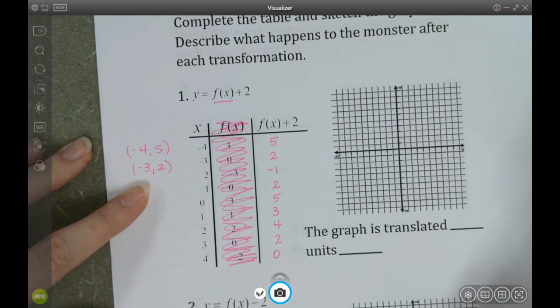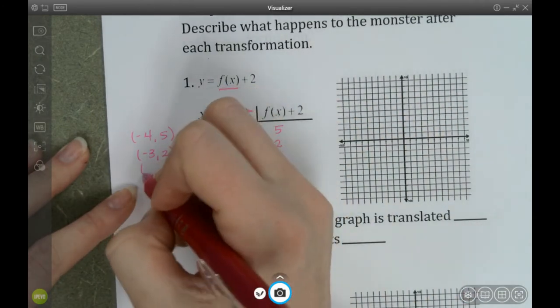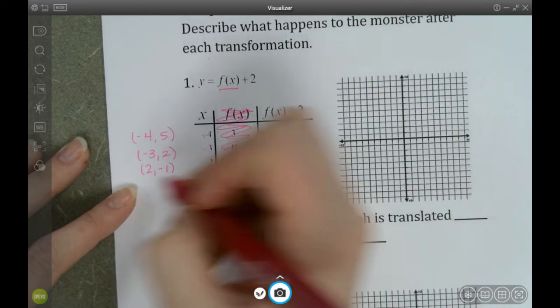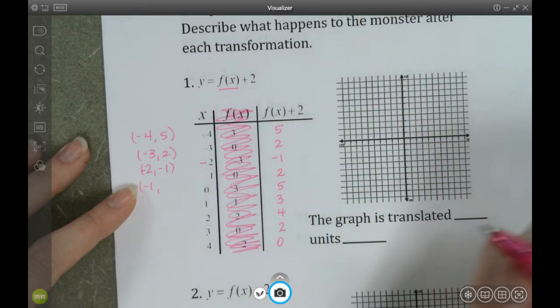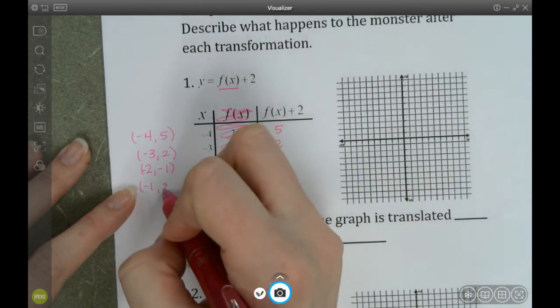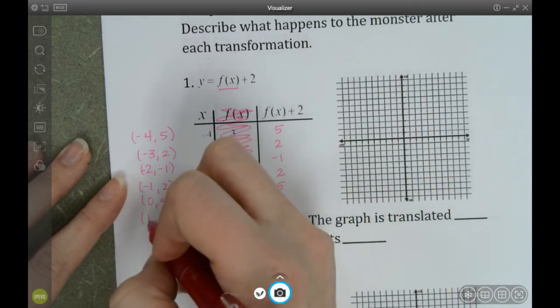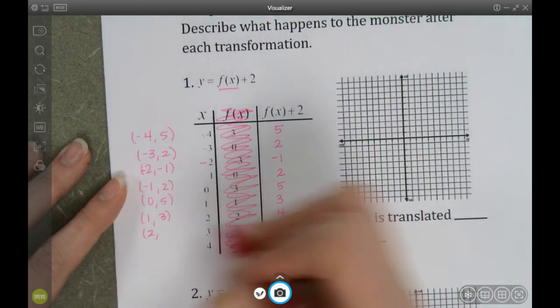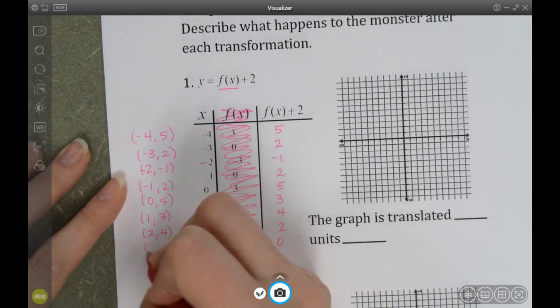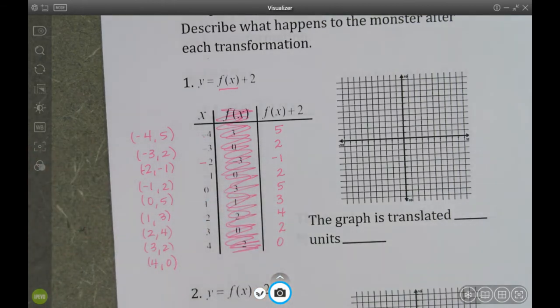It's the original problem. Okay, and then I'm just going to make each one of these into a coordinate pair. So the point 2, negative 1, and so on. That's a negative 2, by the way. Didn't copy well. Okay, so there's all my ordered pairs.